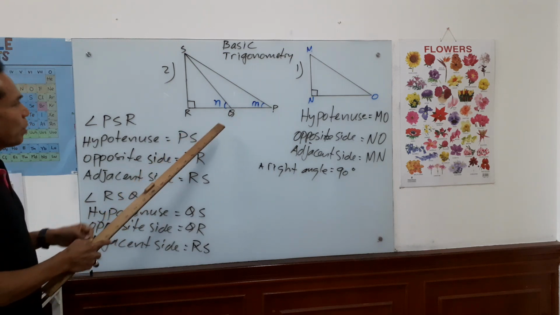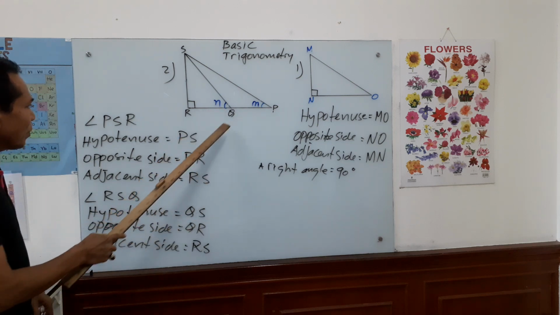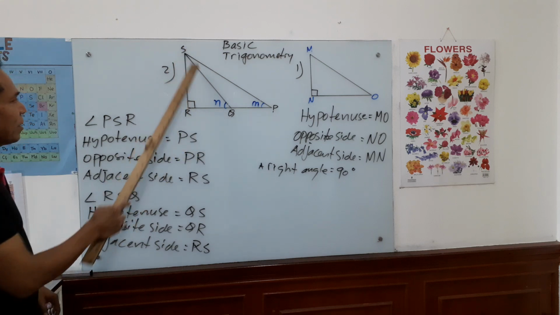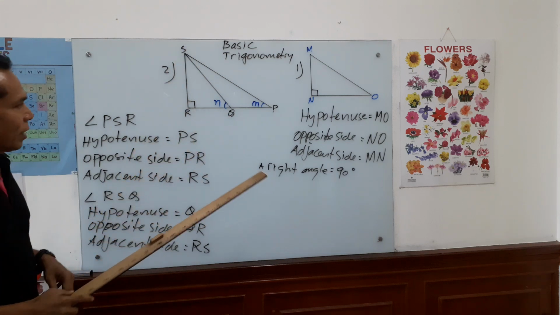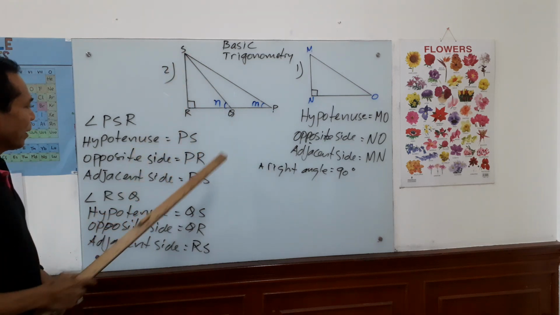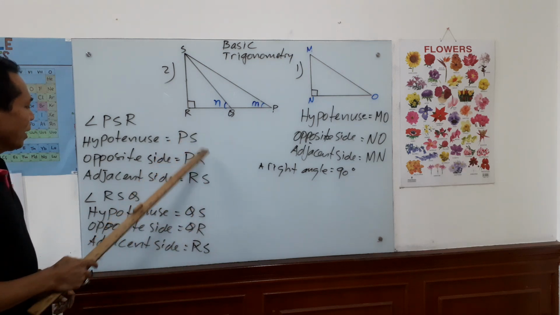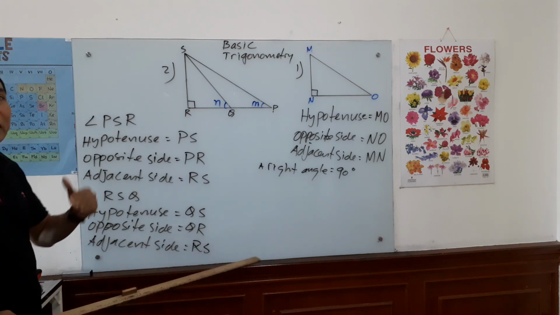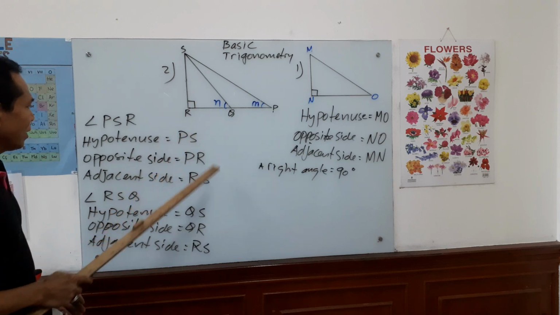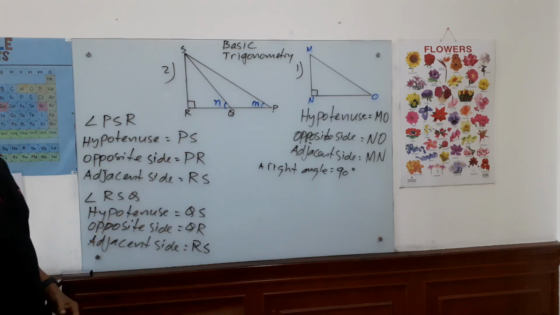This is different from when we talk about angle N. Before it was RS. Now QR is the opposite side because we are talking about the angle RSQ. And the adjacent side means near or side by side with. So side by side with this and with this is RS.